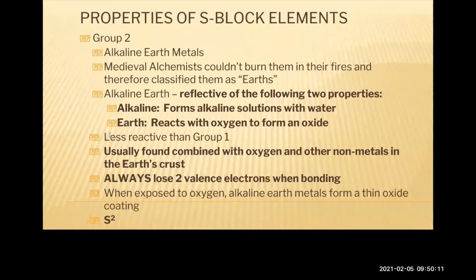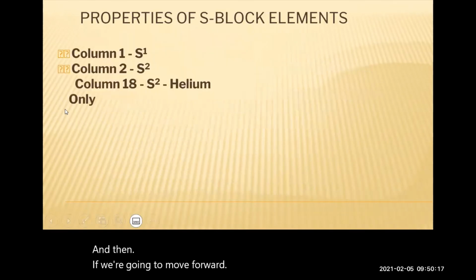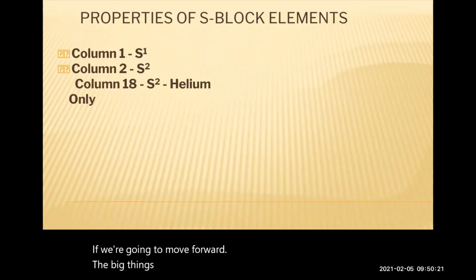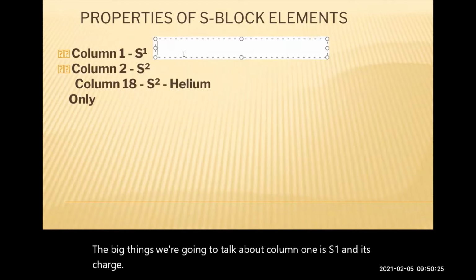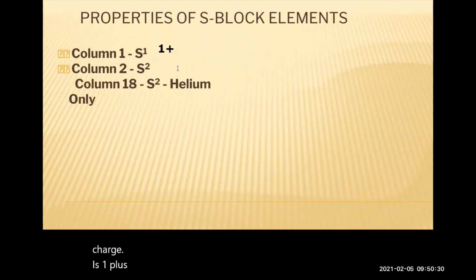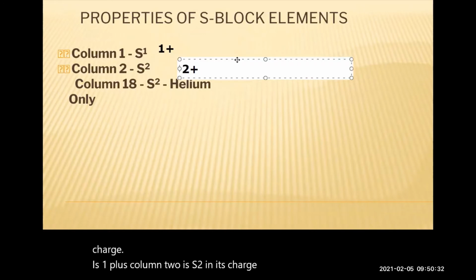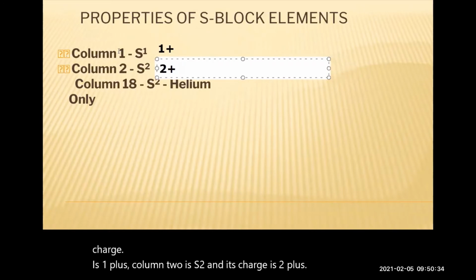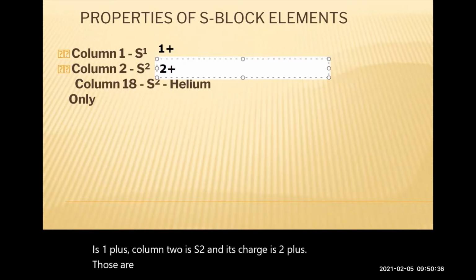And then if we're going to move forward, the big things we're going to talk about, column 1 is S1, and its charge is 1+. Column 2 is S2, and its charge is 2+. Those are very important things to know.